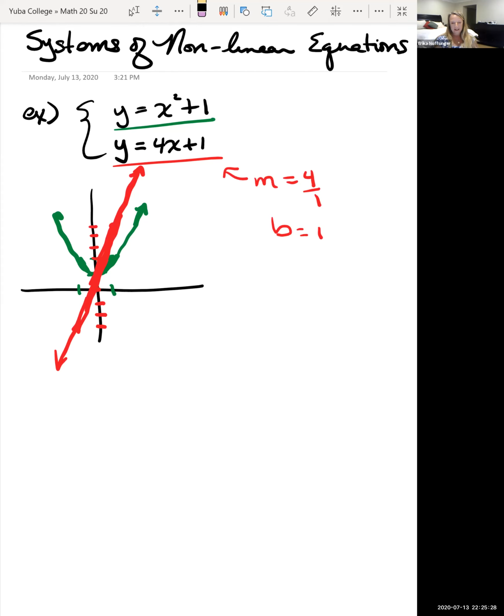Okay. So from here, I can already tell that this is going to at least intersect in one spot, right? By just graphing it, I can tell that at the point when x is 0, y was 1. So we have at least one intersection.